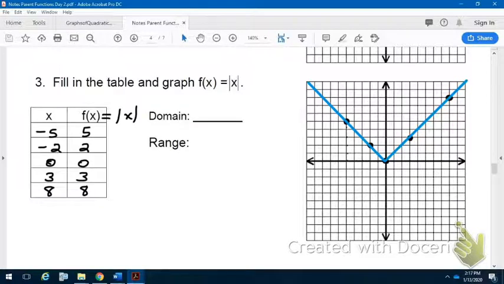So it's basically two lines that form a V, slope of positive 1 and negative 1. The domain is going to be negative infinity to positive infinity. Okay, and the range is going to be from 0 to infinity.